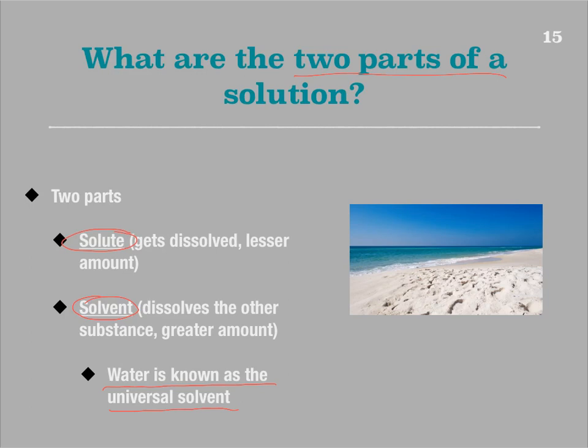The concentration of a solution would be measured by the amount of solute in the solvent, and that could be as a percent, or it could be by weight or by volume. And that's how you would know how much solute would be in the solvent making the solution.